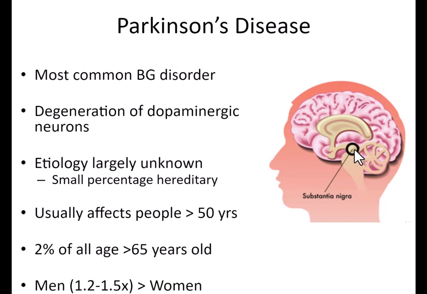It usually affects people older than 50 years old, but there can be a premature onset in a number of individuals, most famously Michael J. Fox. It affects 2% of all individuals 65 years of age and greater, and it appears to be more common in men than in women.